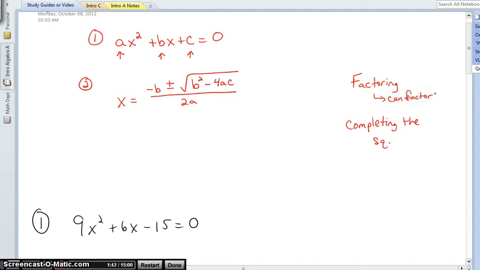So if it's equal to 0 and I can factor, I'm going to try to factor just because I've had the most practice with it and it's easiest to me. I'm going to use completing the square when the a value is 1, when the b value is even, and when the overall equation is equal to a number. Otherwise, I'm going to use the quadratic formula.